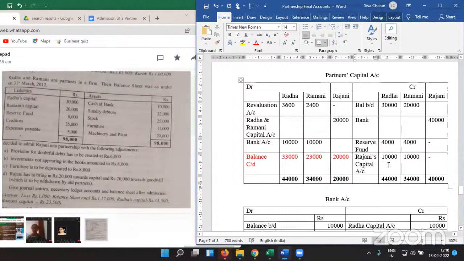Rajani's capital is the same, and Radha is taking 12,000 and Ramani is taking 8,000 only. The rest is all the same, children. Only the profit sharing ratio was involved there. So now do these totals. 30 plus 12, 42 plus 4, 46. And 20 plus 8, 28 plus 4, 32.